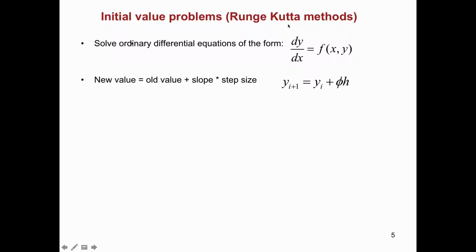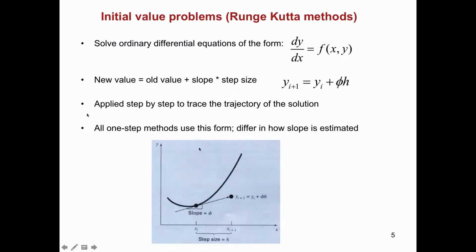So we started really simple. Our first attempt was the Euler method, where I start from this xi, this is my yi value. This slope here is precisely dy/dx, so I know the slope, it's actually f(x, y), right? So this slope takes me to this point, and this is my next value, yi+1.